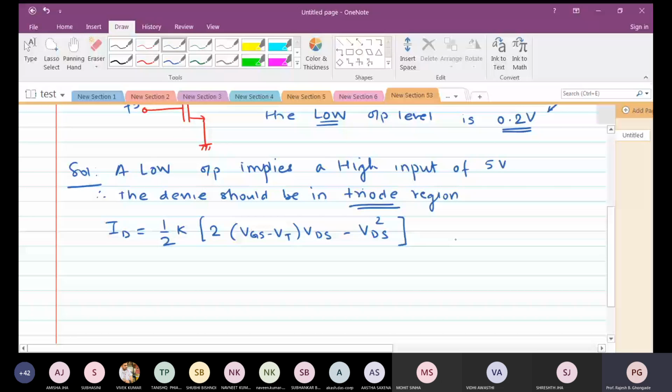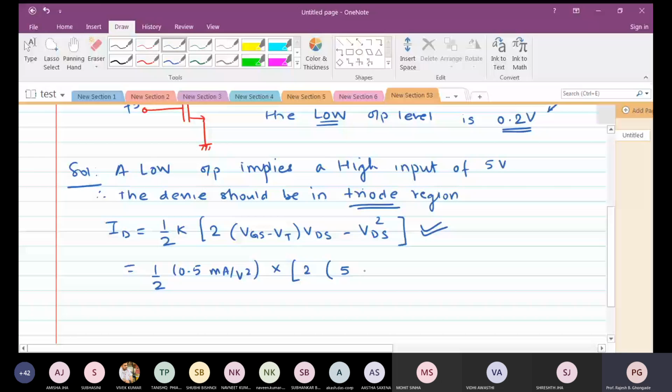Yes, sir. We've already seen this. So can I substitute the values and find out the drain current? This is going to be half times 0.5 milliampere per volt square multiplied by 2 into (VGS minus 1), where VGS is 5 volts. We have said that input is equal to 5 volts.